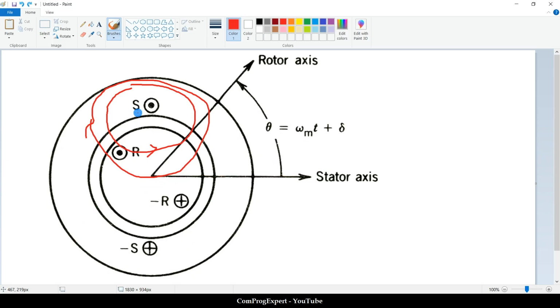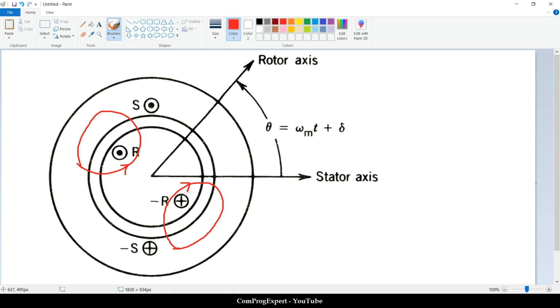Similarly, if we set the value of the stator coil current equal to 0 and only excite the rotor coil, this will be the field generated by the rotor. Here we will have this maximum value of the field generated by the rotor, in this direction.